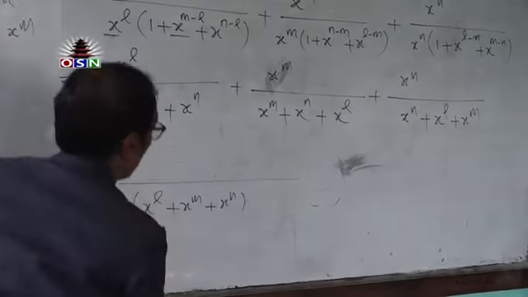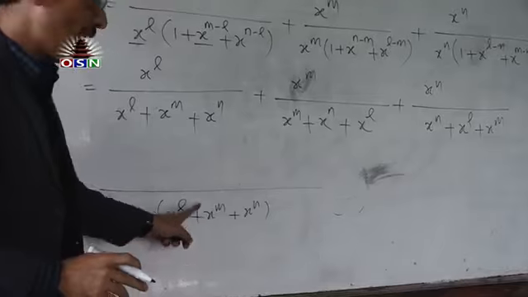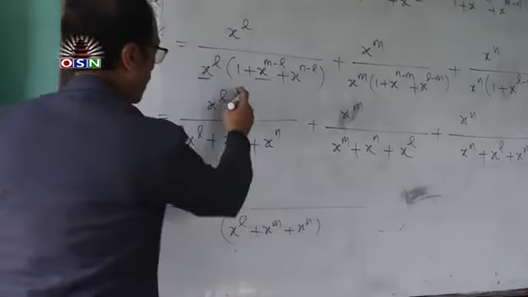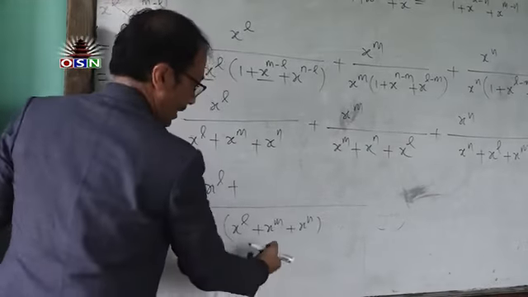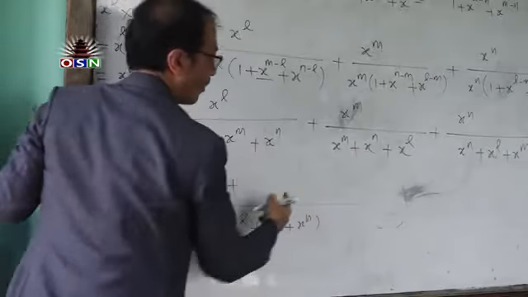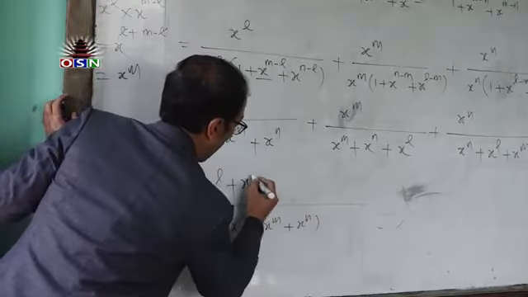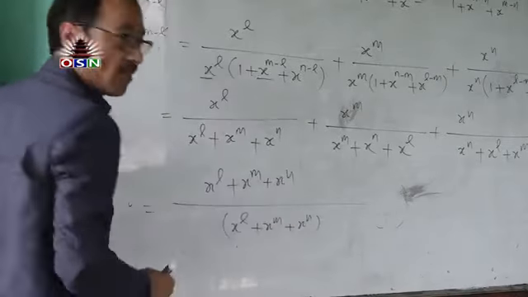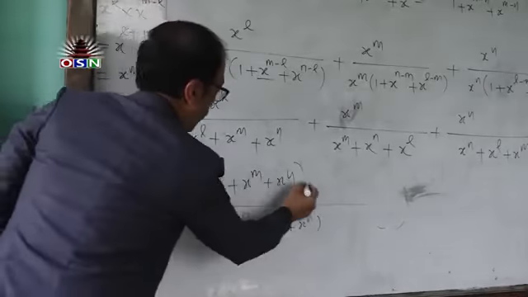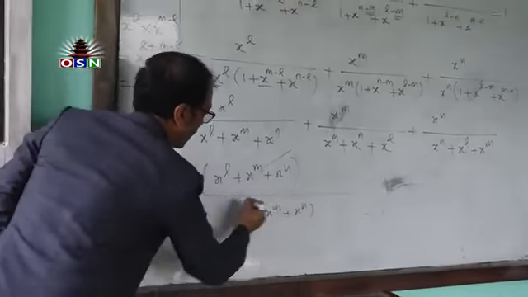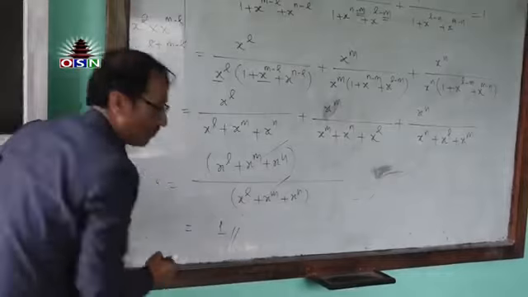Then the LCM divided by this one, you will get 1. 1 into this is x to the power l plus this divided by this one, 1 multiplied to x to the power m plus x to the power n. Finally, we have got the numerator and denominator the same. Let's cancel them. We have got the answer 1.